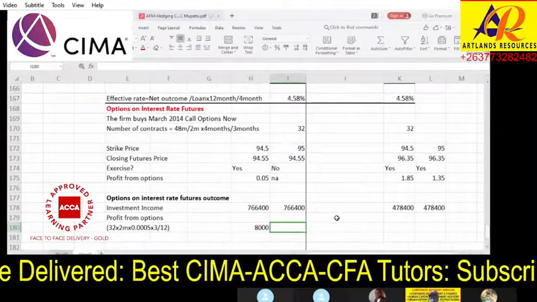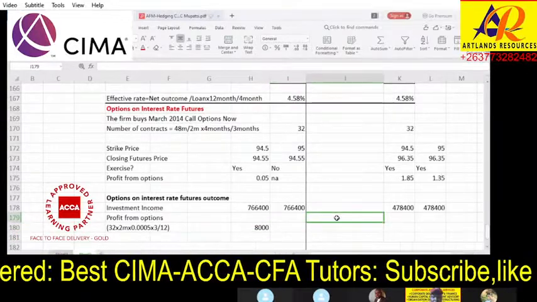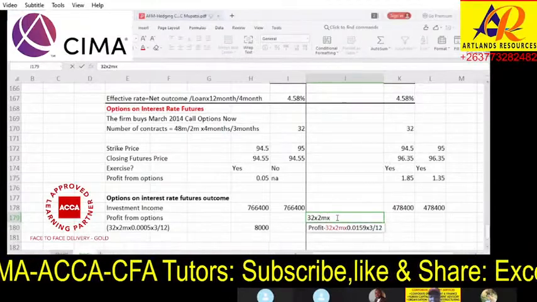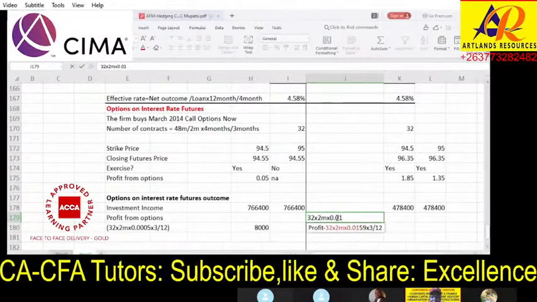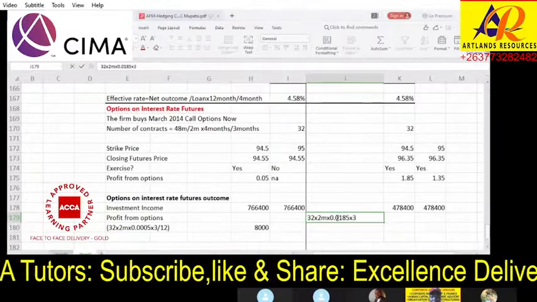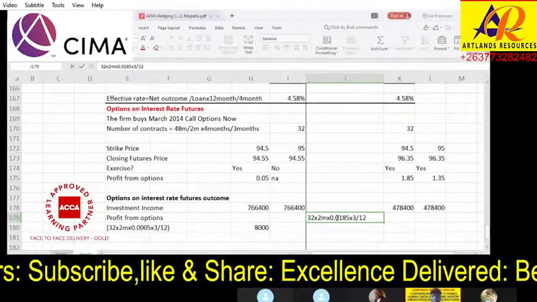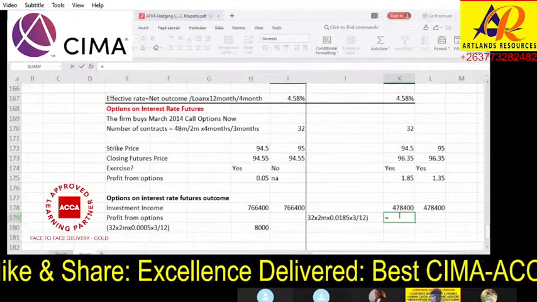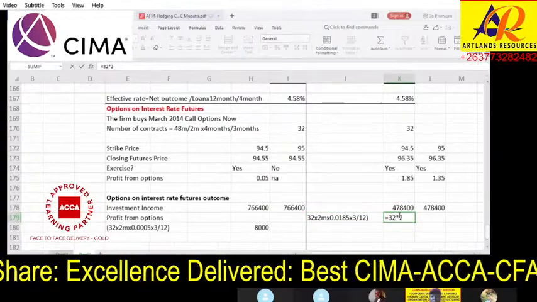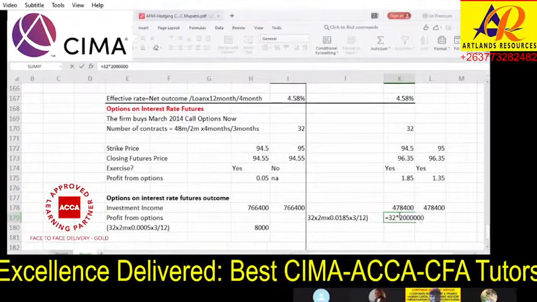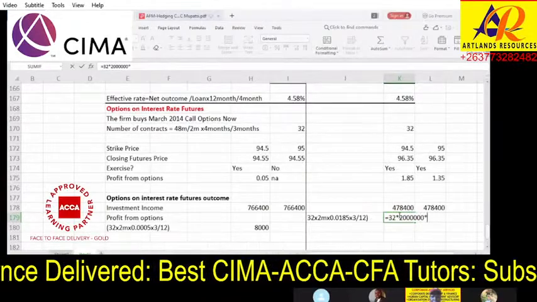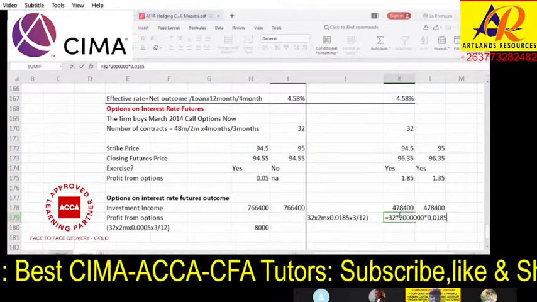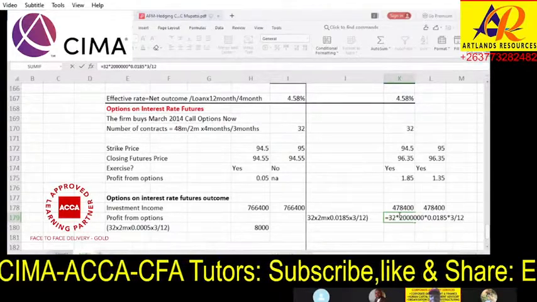Here there's no profit. So on this one, I still do the same, to say 32 times 2 million times 0.0185 times 3/12. So there you go. So you say equals 32 times 2 million times 0.0185 times 3/12.